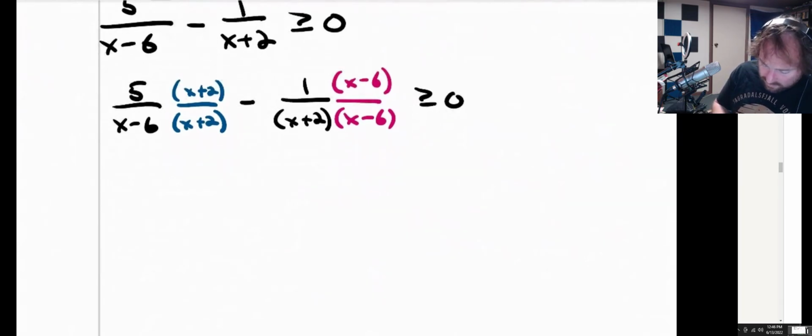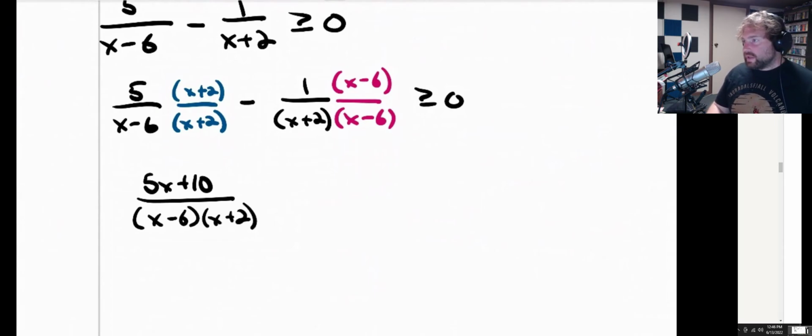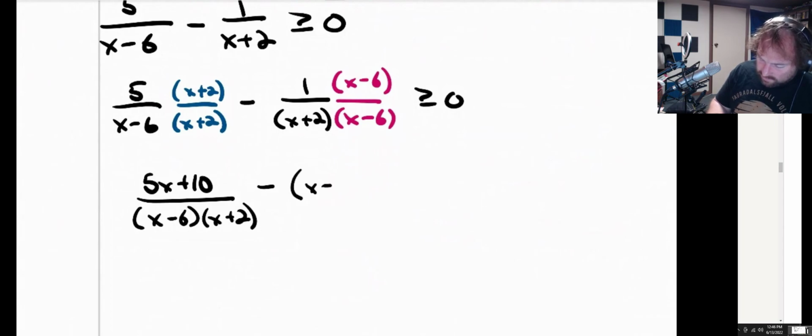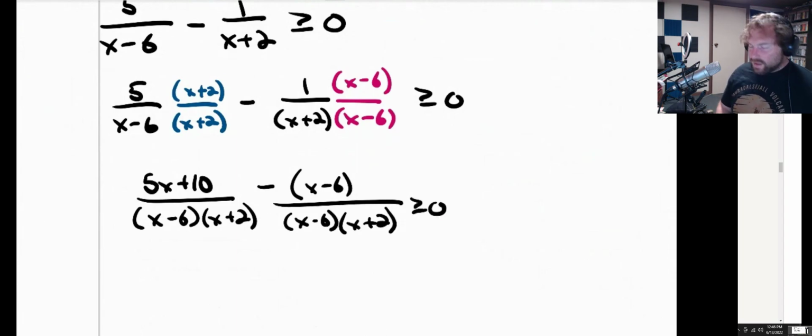On the top of the left term, we're going to have 5x plus 10 over our common multiple of x minus 6 times x plus 2. We have to be careful here. We are going to be subtracting a quantity. So we're going to subtract the quantity x minus 6. And that will also be over our common multiple, which I am going to change the order of on the bottom just to make sure it works.